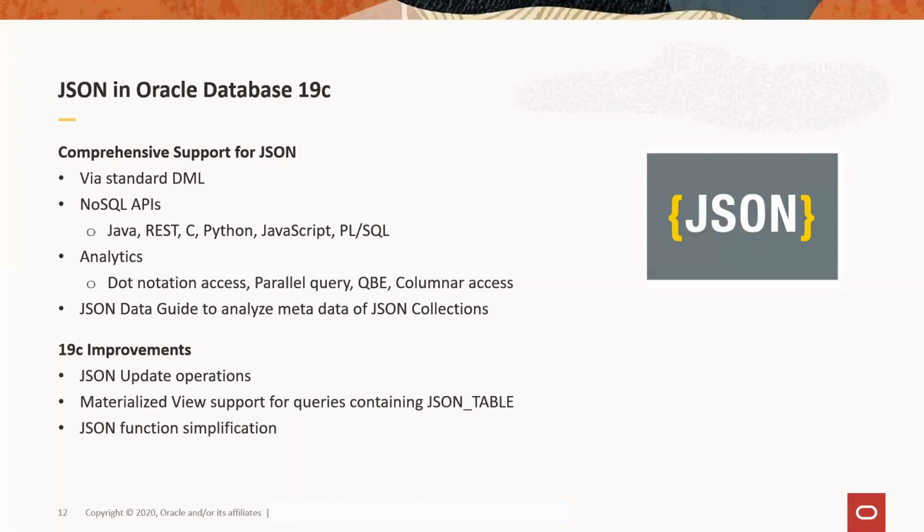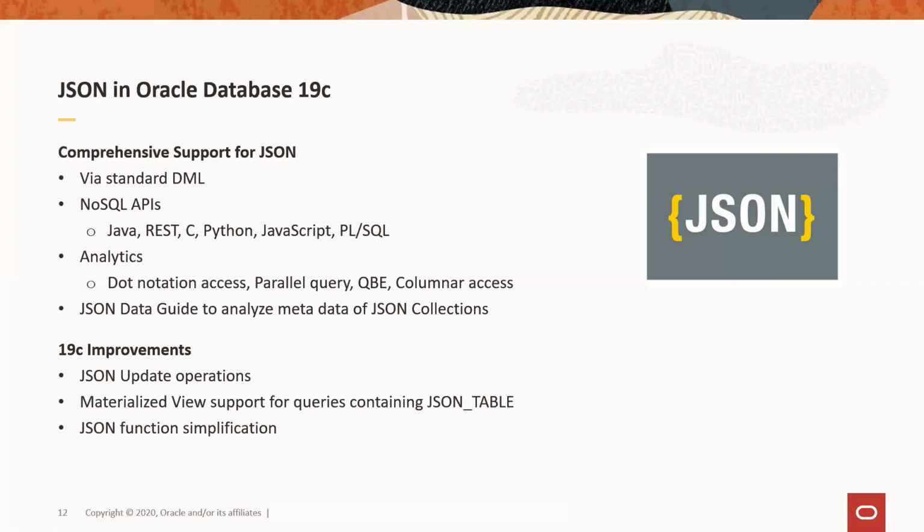So you can do things like store JSON documents as part of a relational table, or you can say, I don't want to think in terms of tables and rows, I want to think in terms of collections and documents, and you can use the SODA for REST APIs and insert documents and query documents and update documents if you want, as well as you can use SQL to pull things in and out of those JSON documents.